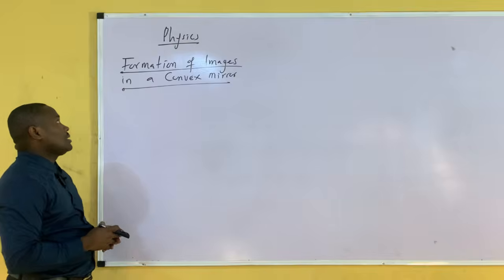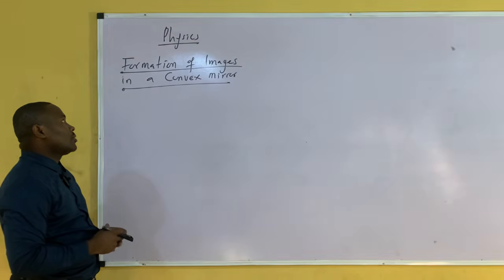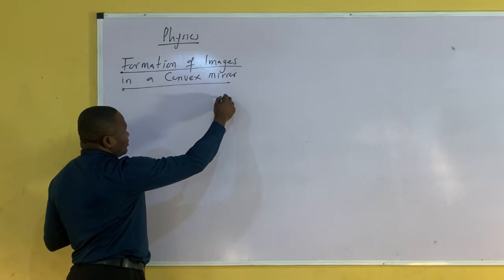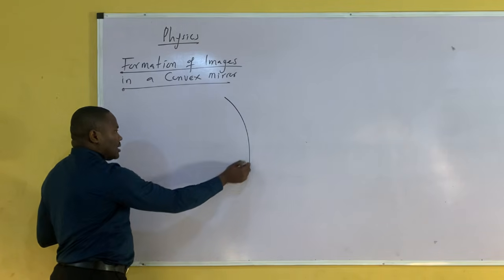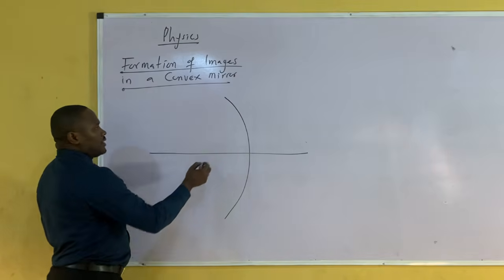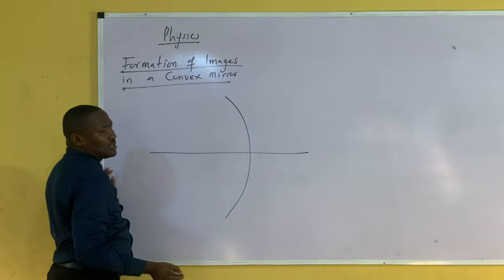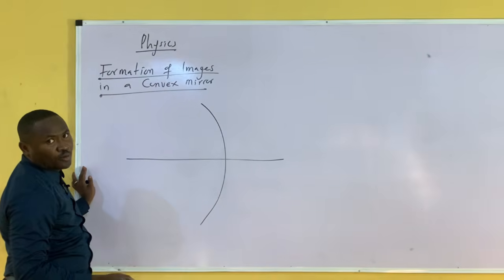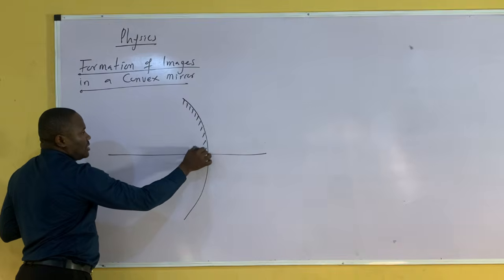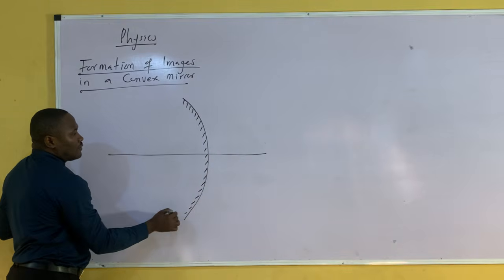Okay, let's see the formation of images now in a convex mirror. For a convex mirror, you have something like this. If I shade the outer part, it's a concave mirror. But if I shade the inner part, it becomes a convex mirror.